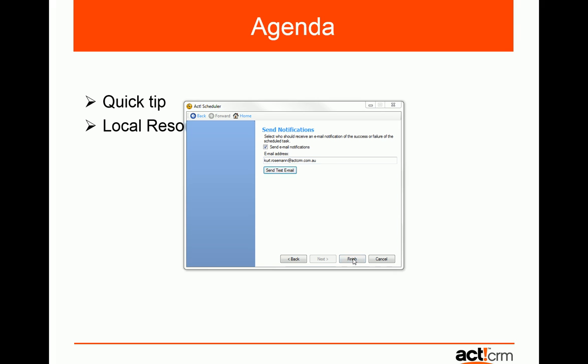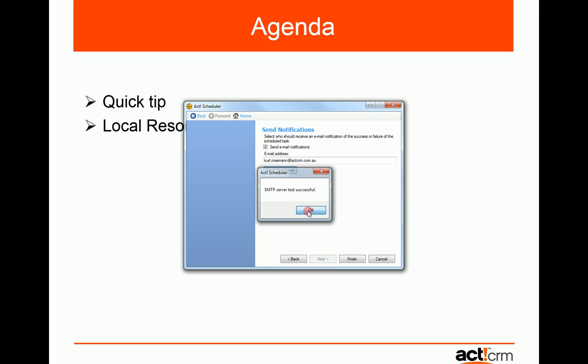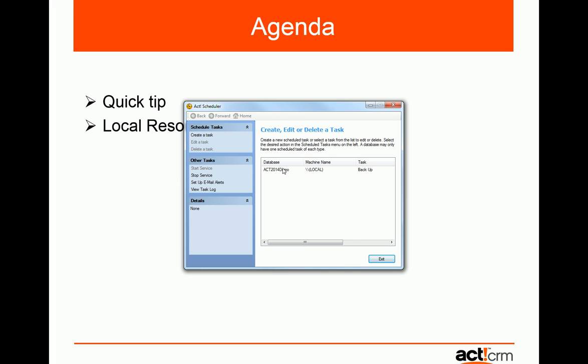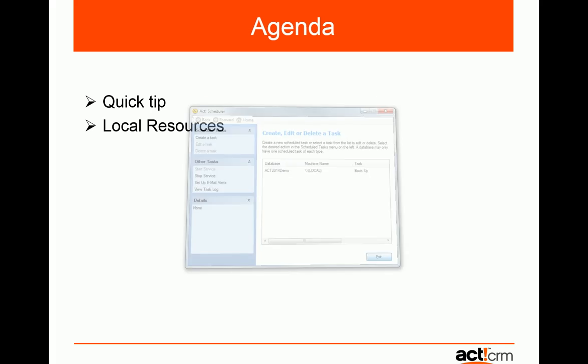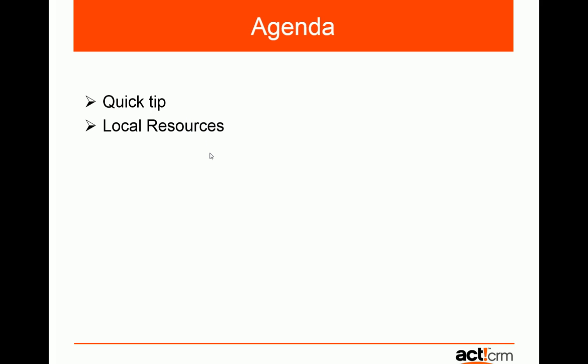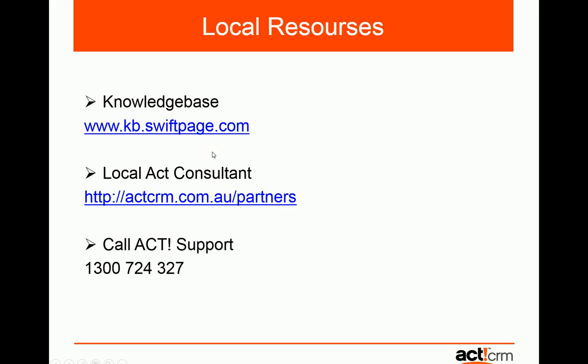And then I'm going to go ahead and hit finish. Okay, I said okay. I'm going to hit finish, and we're all done. That's it. So that's how to use the actual scheduler to schedule your backups.